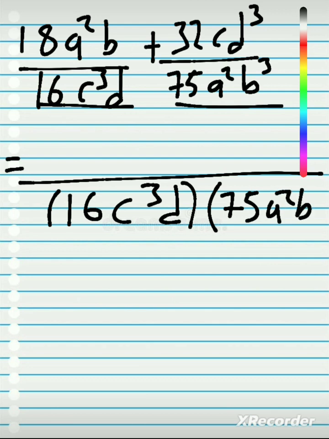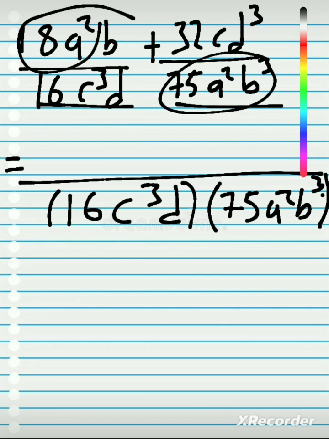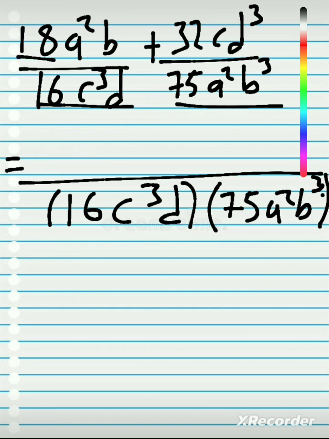Then this times this. Okay, so 18. Anyway, to avoid wasting time, we can be multiplying directly. 18 times 75. This is not like that one which has brackets, with plus and minus between the terms that are multiplying.